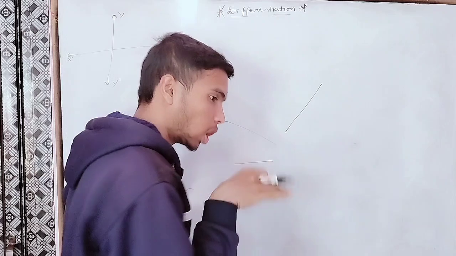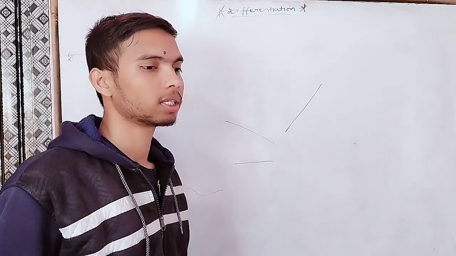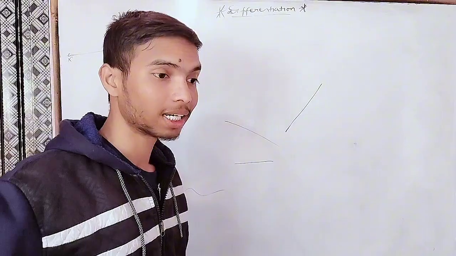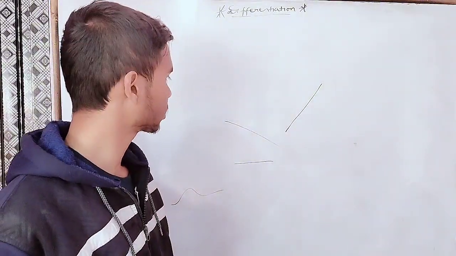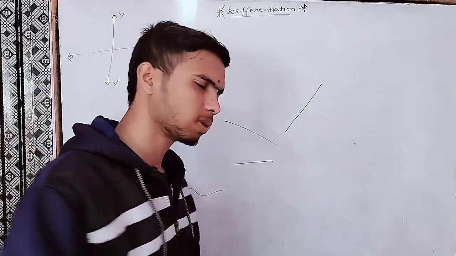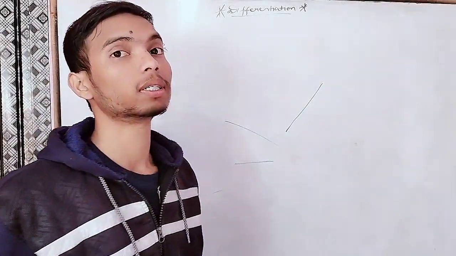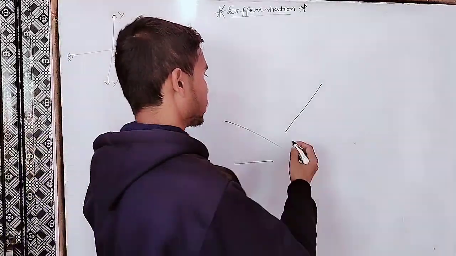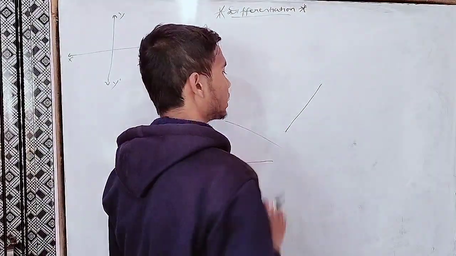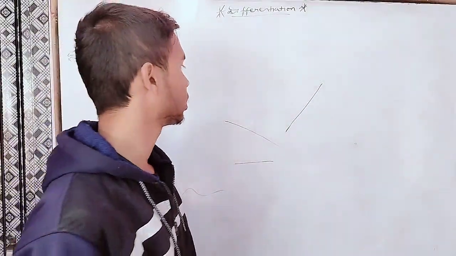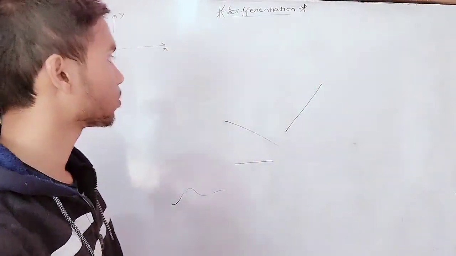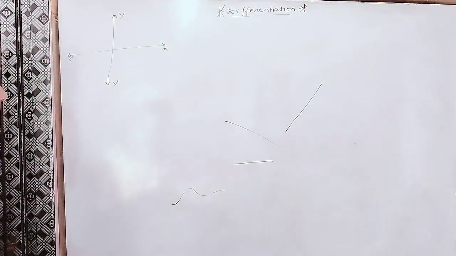This is going downward. That's why, rather than saying downwards, in the language of physics we say our slope is negative. Similarly, from here we start and then reach till here. This is upward. This slope is going upward.